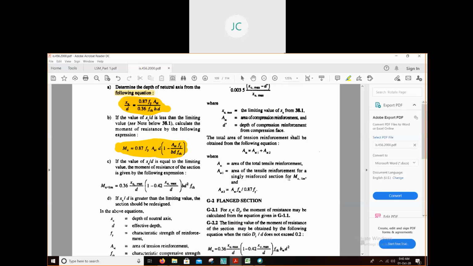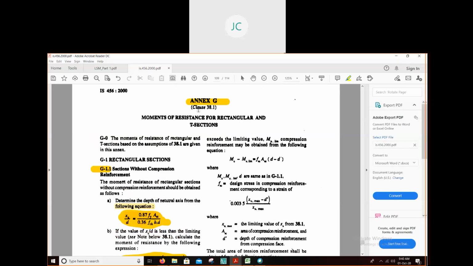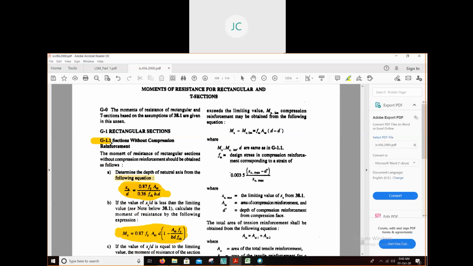This is the clause, Annexure G, clause G.1.1. I think all of you have got this page.